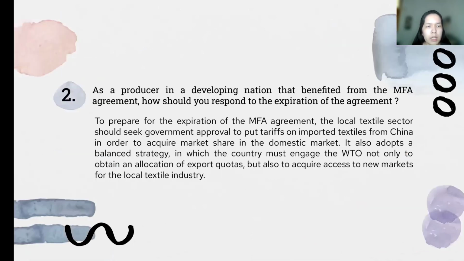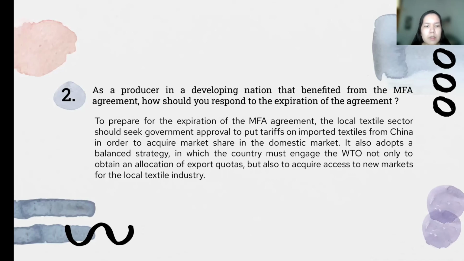And the second question is, as a producer in a developing nation that benefits from the MFA agreement, how should we respond to the expiration of the agreement? And our answer is, to prepare for the expiration of the MFA agreement, the local textile sector should seek government approval to put tariffs on imported textiles from China in order to acquire market share in the domestic market.